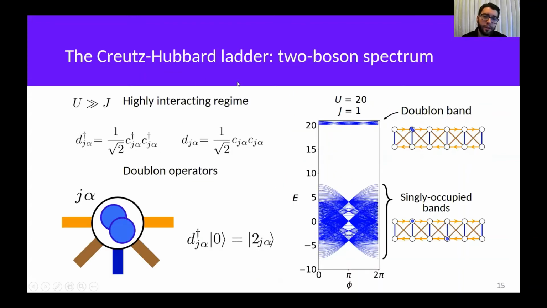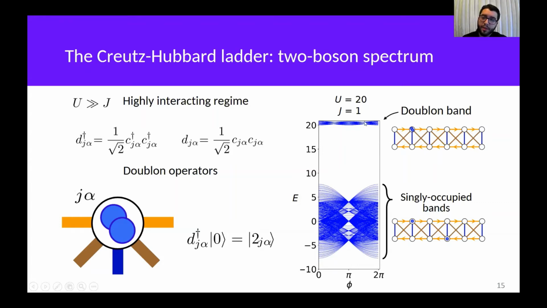And we are going to study the two-particle spectrum, the two-boson spectrum, in the highly interacting regime with U much greater than J. What happens here is that the spectrum of the system will divide into two subspaces, the singly occupied bands and what is called the doublon band.